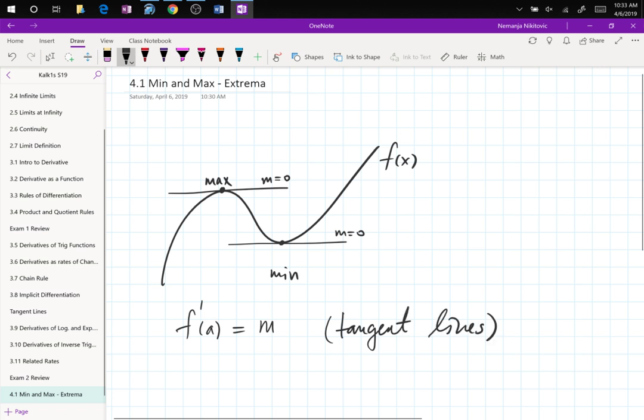So on this graph, it looks like we can find the derivative of a function, set it equal to 0 to force the horizontal tangency, and then find the x's at which that occurs.